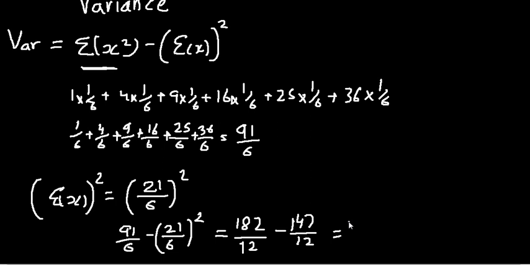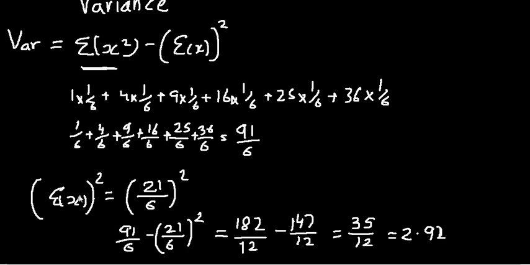The answer to that would be 35 over 12, or if I wanted the decimal answer, that would be 2.91 or 92. Okay, so that's the variance.